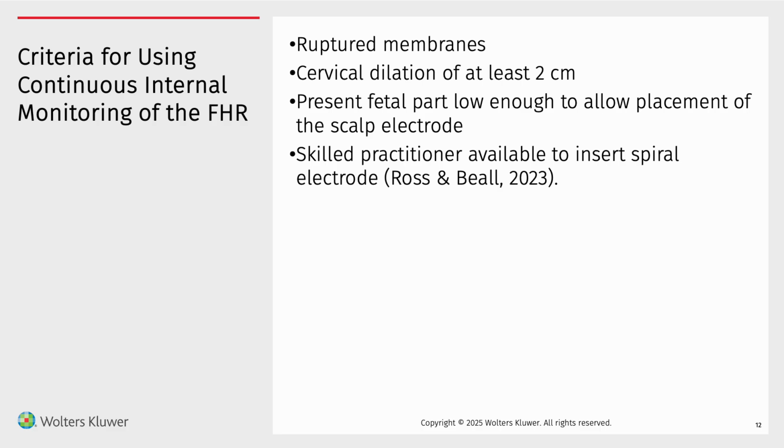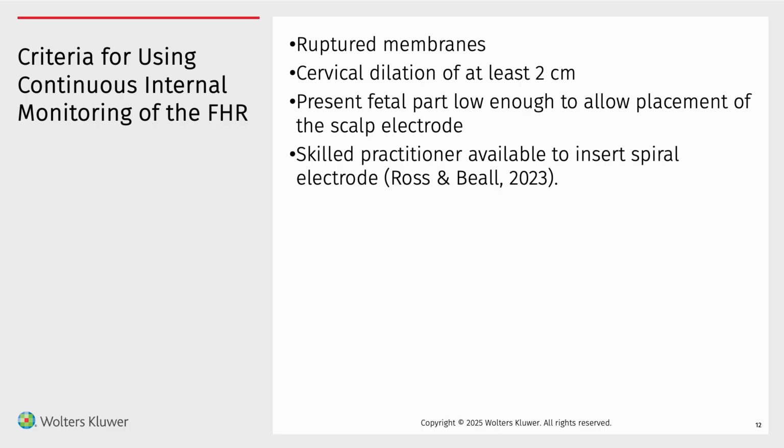Second, there must be sufficient cervical dilation, at least 2 centimeters. This allows enough space to safely insert the spiral electrode or catheter without causing trauma to the mother or fetus. More dilation may be required depending on the clinical context and station of the presenting part.